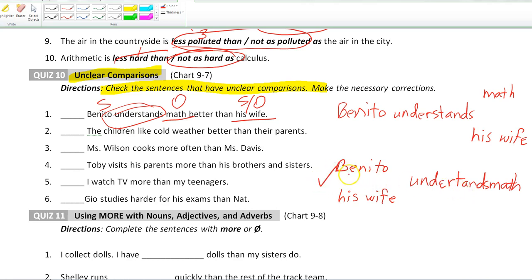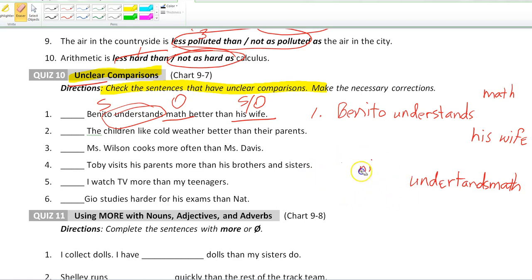Yes, that's what we're comparing. This one is a little silly. Okay? So the way the sentence is written, it's unclear. That's why they're called unclear comparisons. The sentence can have both this meaning and this meaning, but we want it to only have the second meaning. Okay, so this is how we fix this problem.